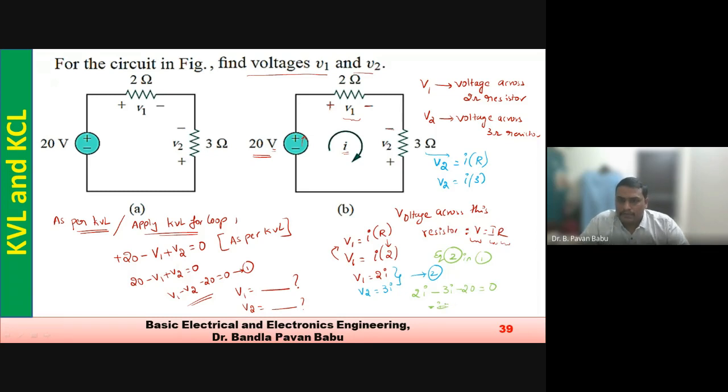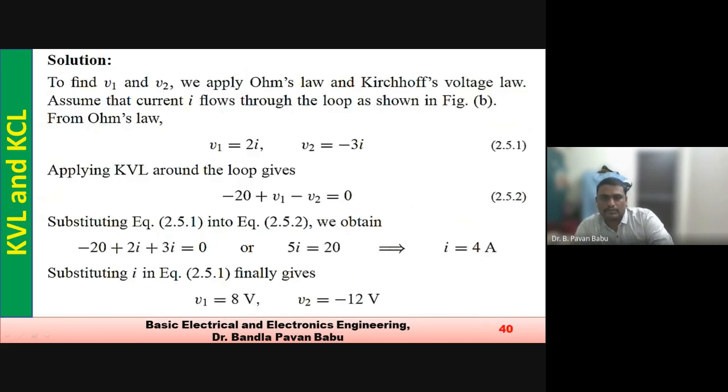So it may be minus I minus 20 is equal to 0. So I equal to minus 20 approximately. Let me check whether I have done something wrong.